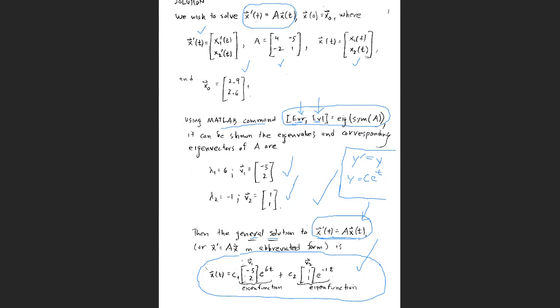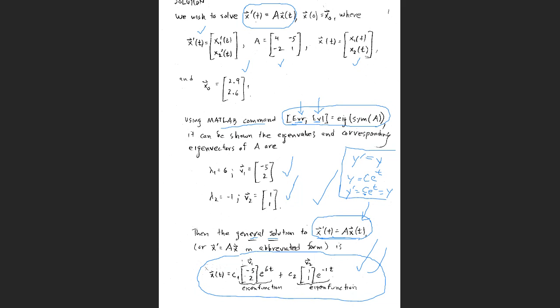Because if you differentiate, y prime is c times e to the t, and that equals y. So that's a general solution when you have a constant in your solution.